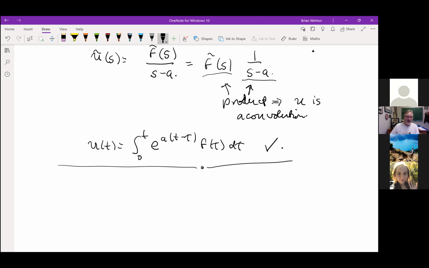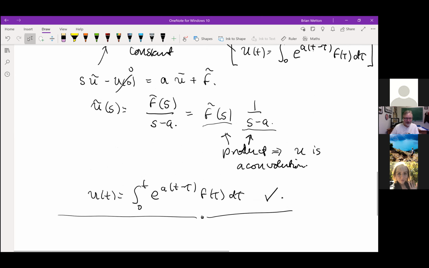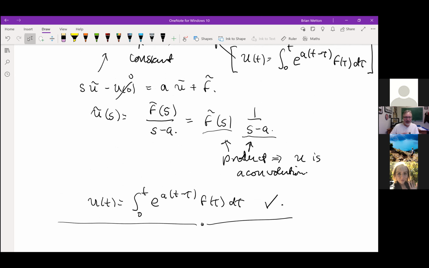This is something that actually comes with sort of tricky uses of Laplace transforms. Let me scroll here. If you look at this, it's not clear, just from this expression, that future f values can't affect previous u values.